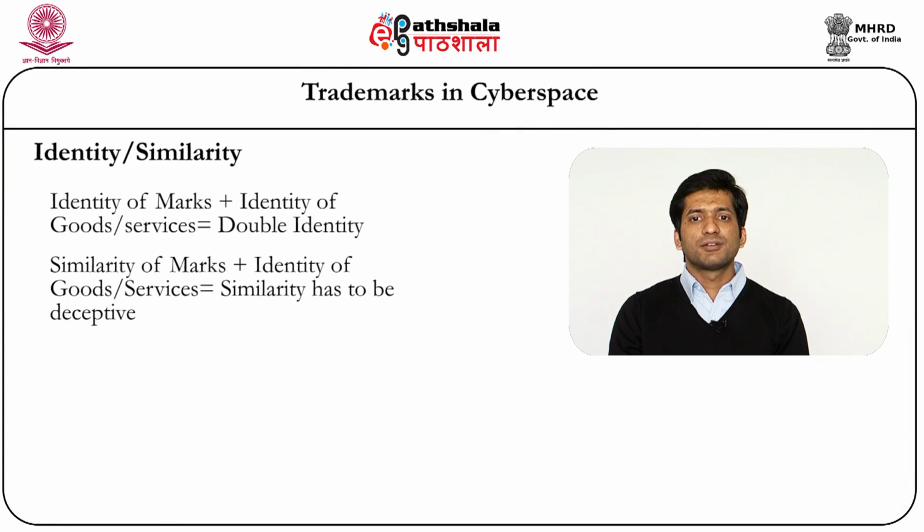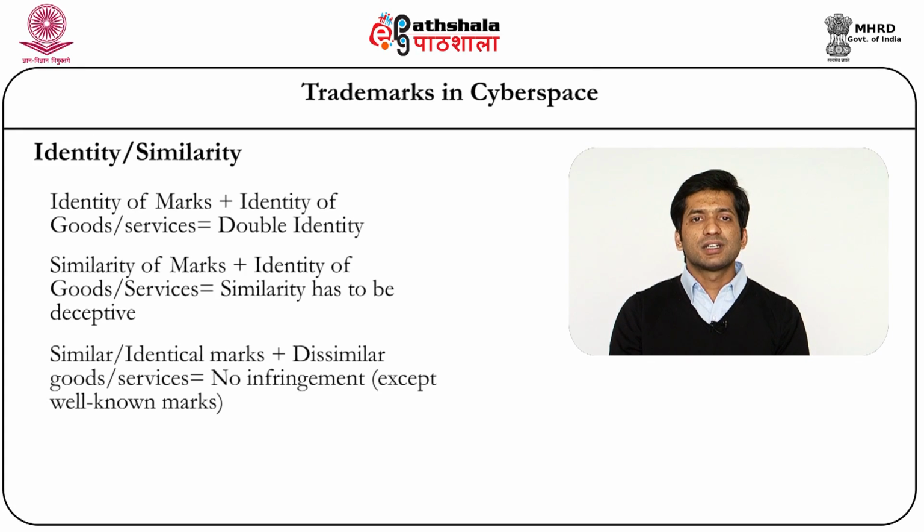The third variation in which such cases exist are the marks are similar or identical. However, the goods and services with respect to which the marks are used are dissimilar or completely unconnected.